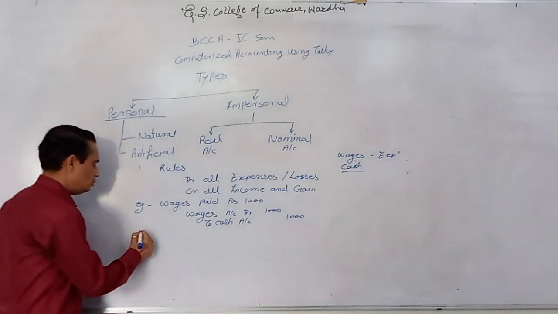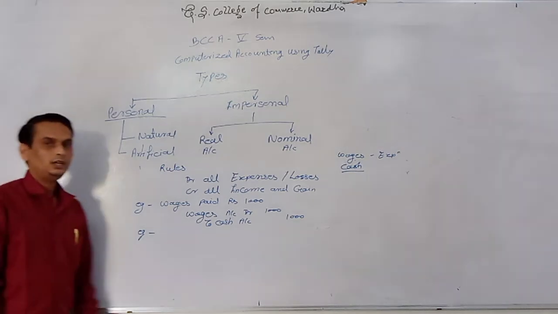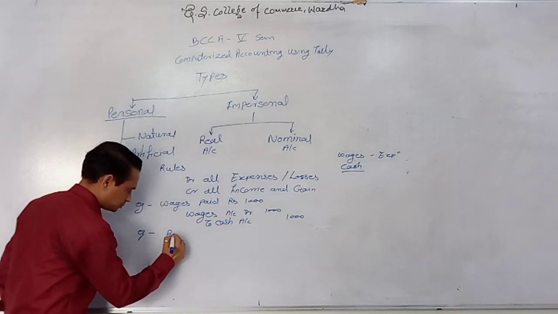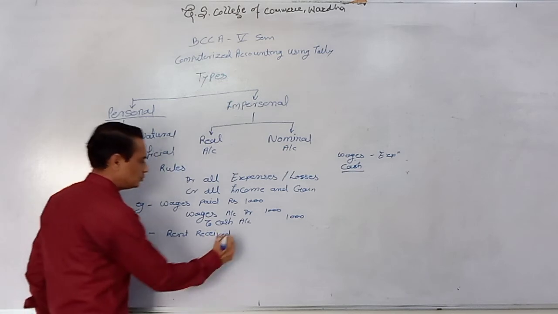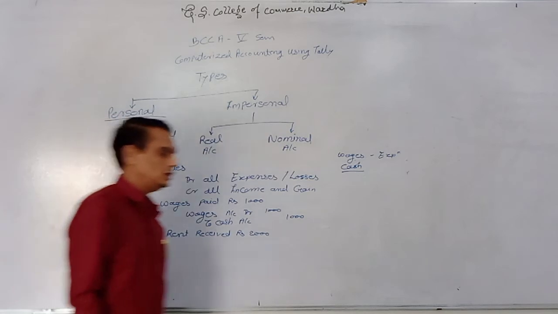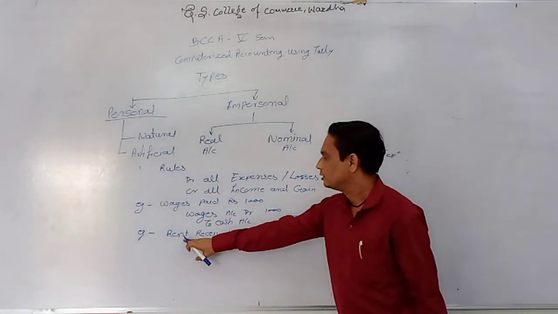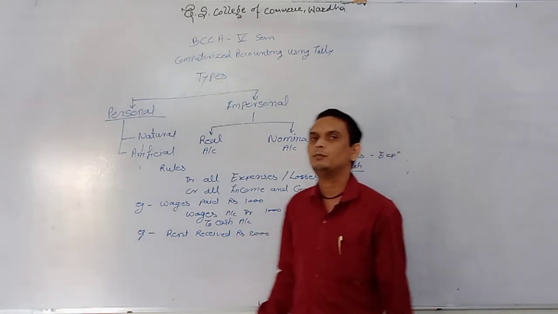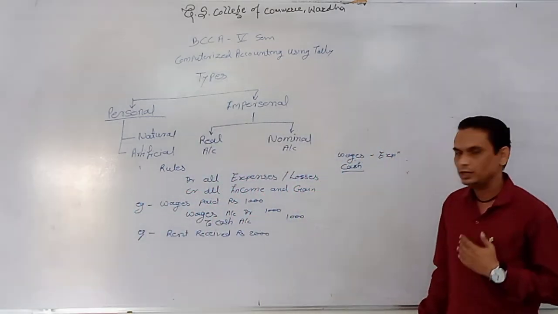In the same way, when we transact with incomes, for example: rent received rupees 2000. If we have only rent, that is considered an expense, but when the transaction contains the word received, it becomes income. Rent received means we have taken an income in the business.